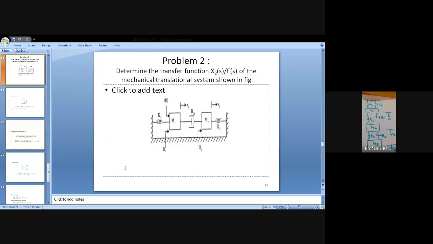Type the answer in the chat box. K1, B1. Okay, one answer is coming. Dharan is saying that K1 and B1 are connected to mass 1.